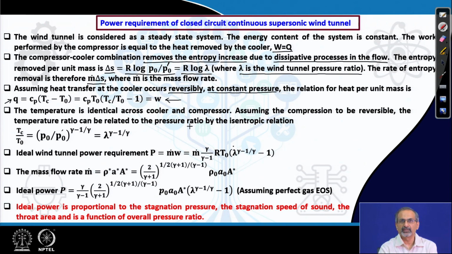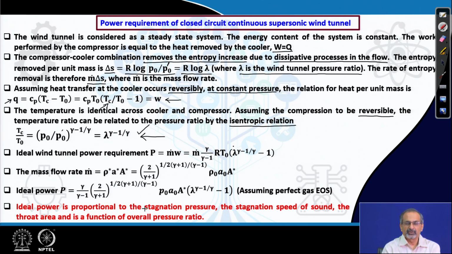If you assume that the compression is happening reversibly, there is no entropy increase there, and the temperature ratio can be connected with the pressure ratio using the isentropic relation, which we have stated here. Thereby, you are able to express Tc by T naught in this equation in terms of P naught by P naught dash, which is lambda, through this expression.